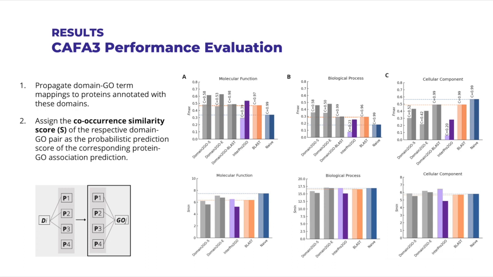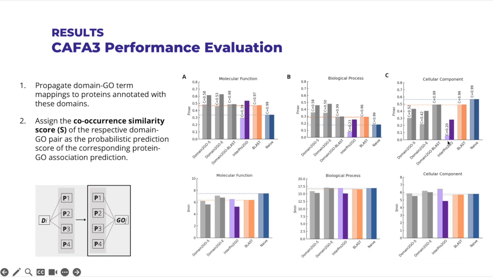Both Domain2GO-S and Domain2GO-E outperformed InterPro2GO and the baseline predictors in predicting molecular function and biological process terms. However, in predicting cellular component terms, Domain2GO-S, Domain2GO-E, and InterPro2GO models performed worse compared to the baseline methods.